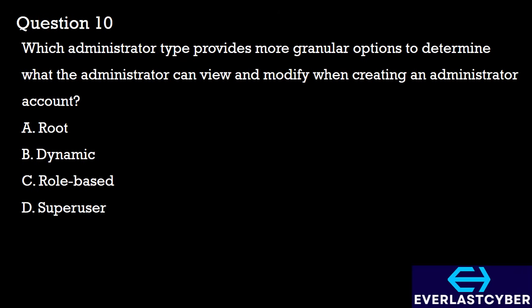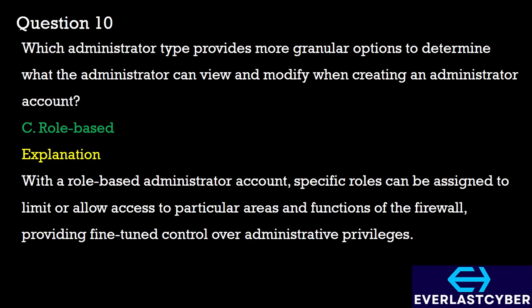For option D, a super user has unrestricted access to the entire system, and this is not granular. Super users can view and modify all settings without limitations, but based on the question, this is not what we want. So the best option is option C, the role-based administrator type.